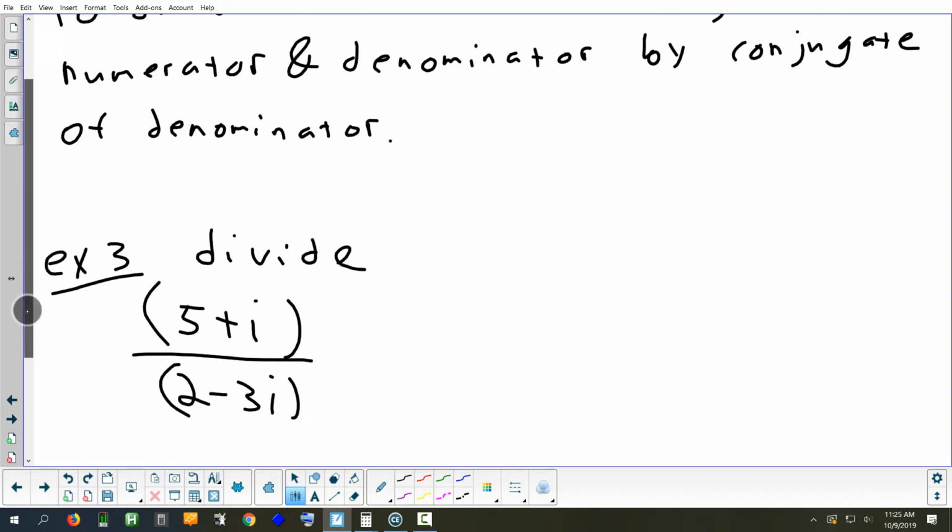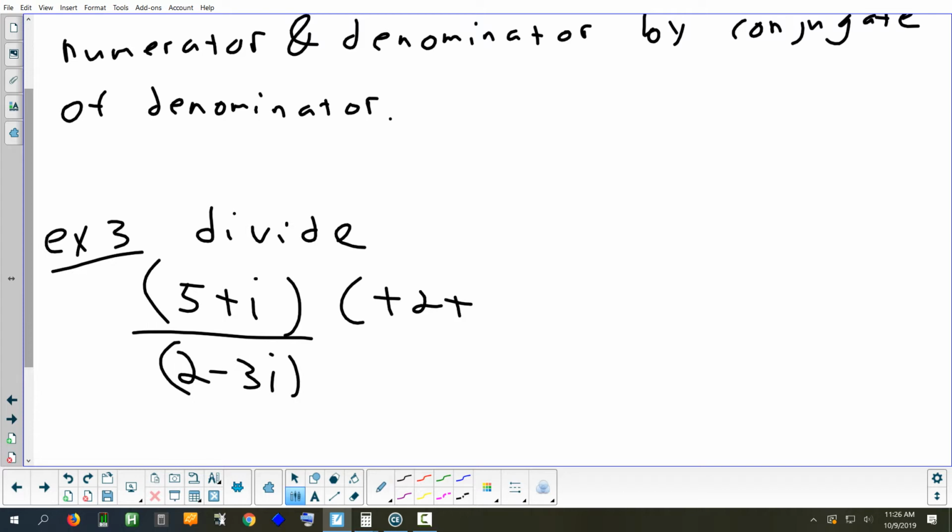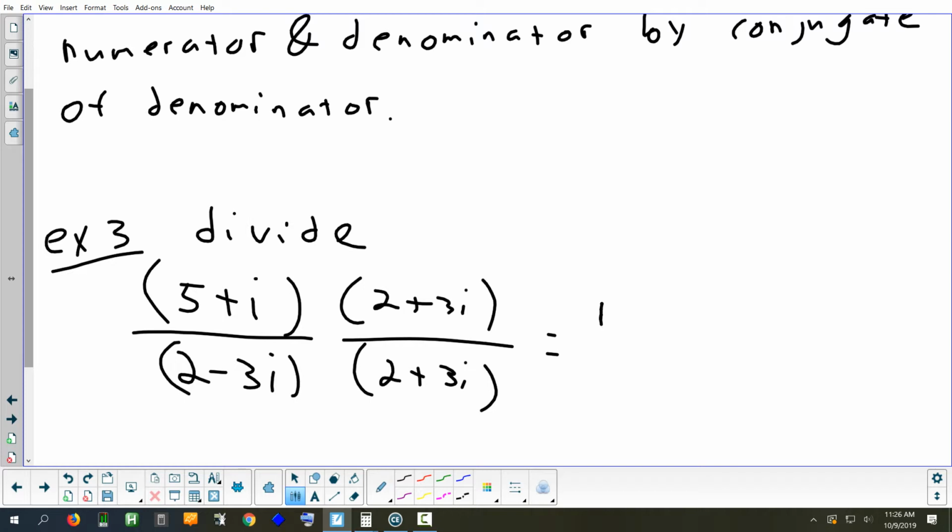Now, watch what happens in the bottom. So when you FOIL it, 2 times 2, 4. 2 times positive 3i, 2 times negative 3i. That cancels. When you multiply conjugates, you never have to worry about the outer and the inner because they're going to cancel. So all you're left with is first and last. So we got the first, 4, and the last, negative 3i times positive 3i.